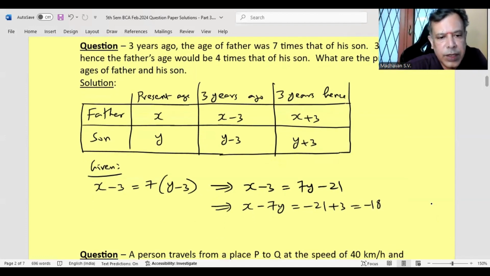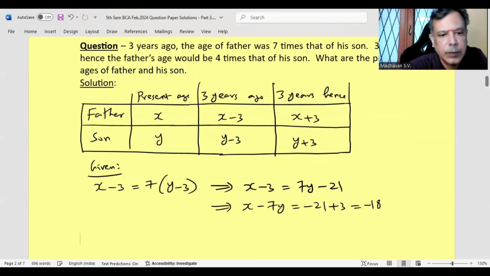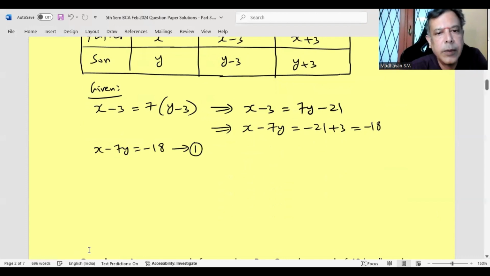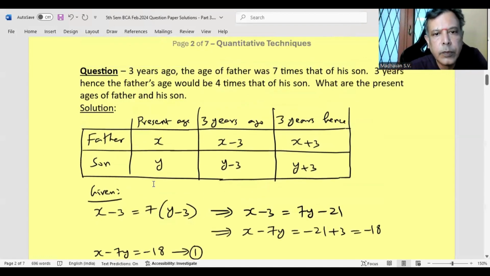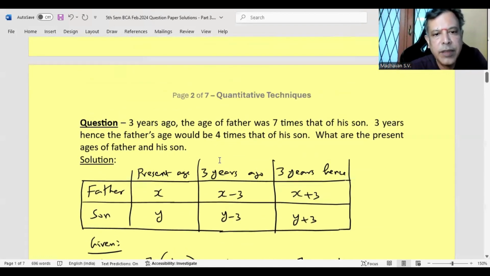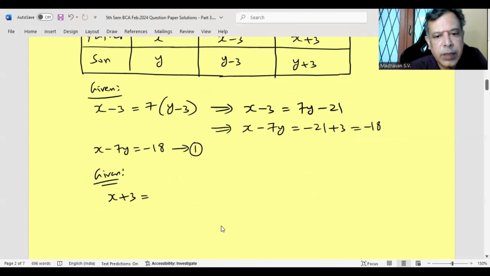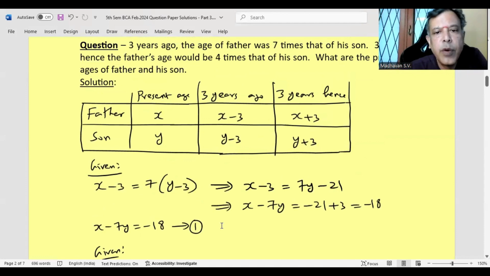So we have the equation now as X minus 7Y equal to negative 18. Call it as equation 1. Then the question says, 3 years hence, the father's age would be X plus 3, and would be 4 times that of his son.